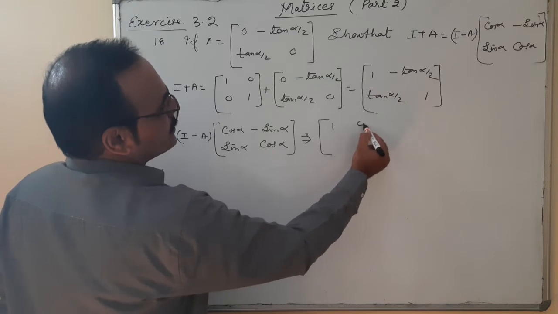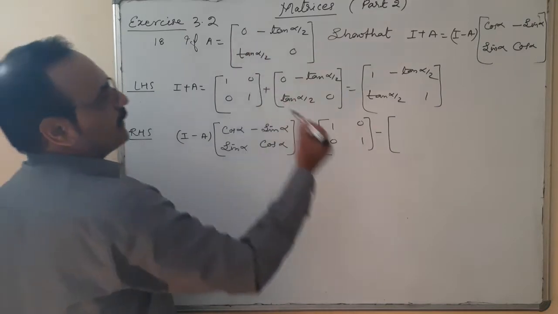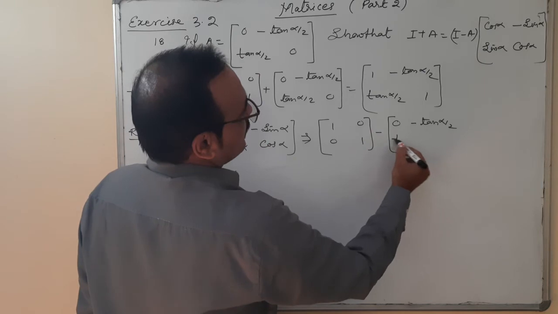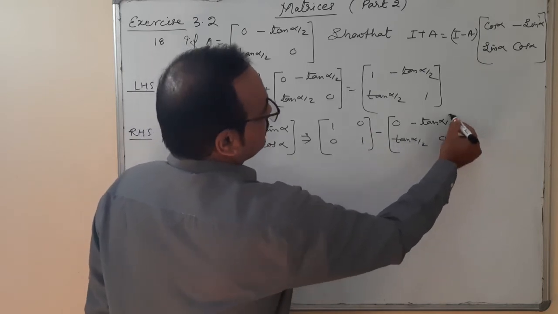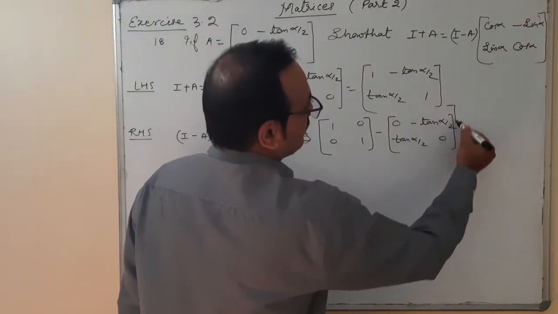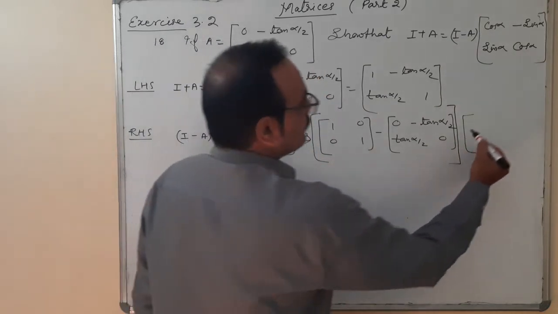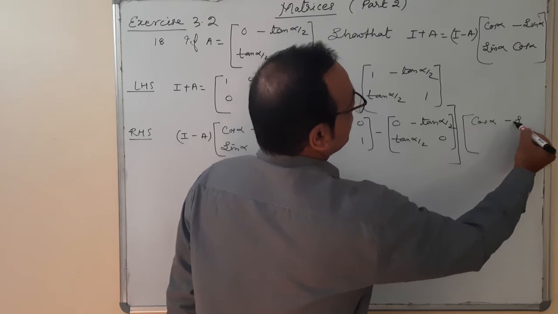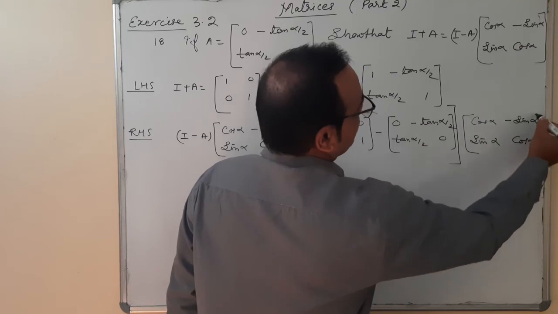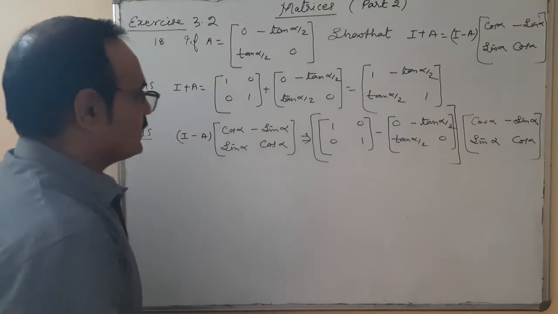I is 1, 0, 0, 1, minus A. The value of A is 0, minus tan alpha by 2, tan alpha by 2 and 0. I minus A is multiplied by the other matrix cos alpha, minus sin alpha, sin alpha and cos alpha. Okay. So first of all, we'll have to simplify this term and then we'll multiply.